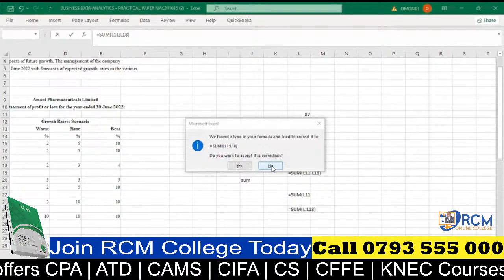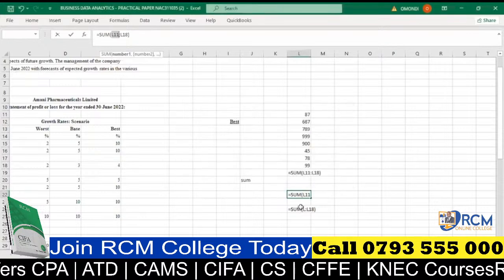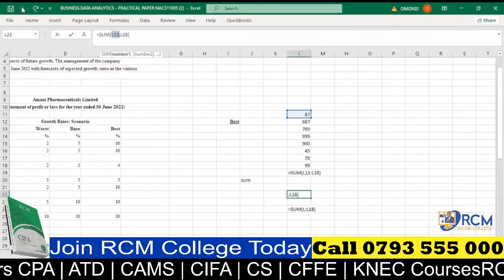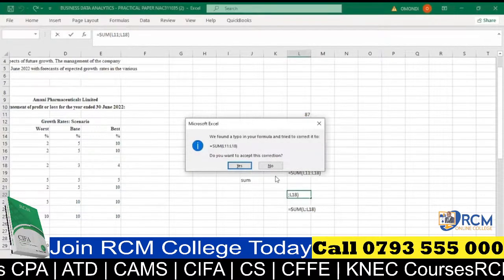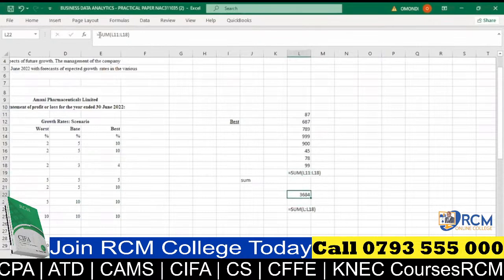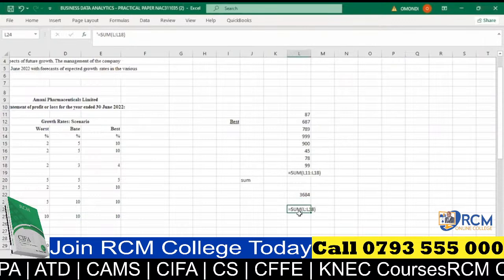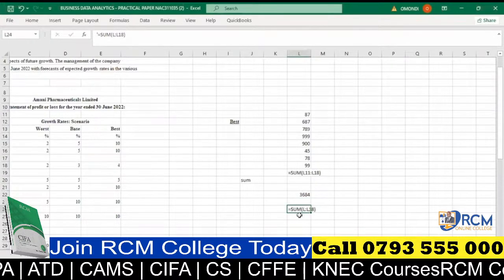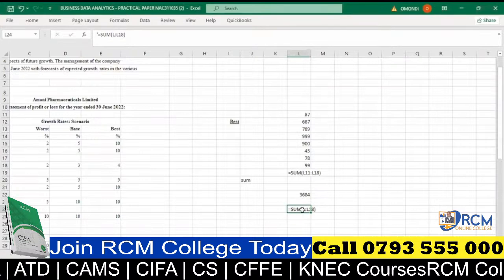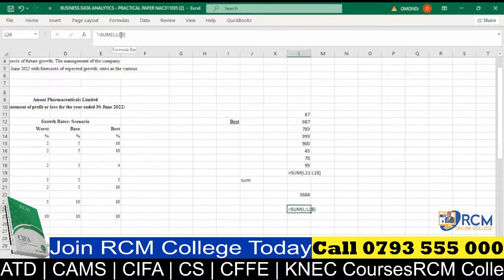Okay, so we don't want to correct it. It will remain with that error. If I correct it, it takes me to this other formula. If I come to this part here, see what is now given to me.